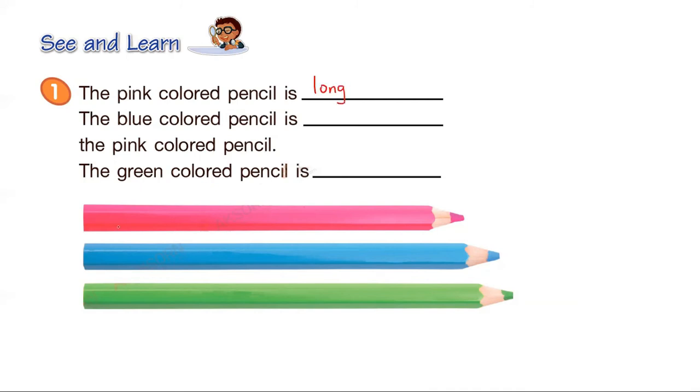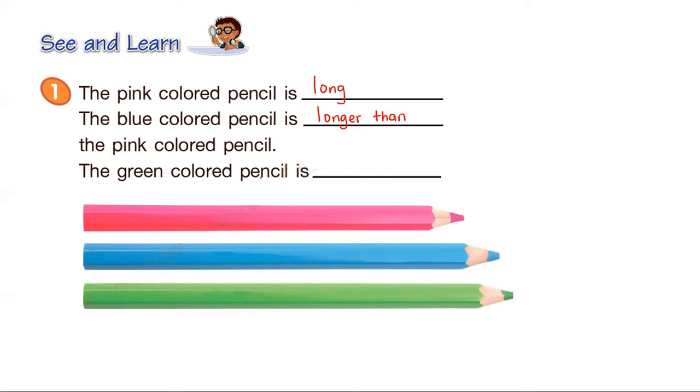Then the blue colored pencil is longer than the pink one. You see? So we say the blue colored pencil is longer than the pink colored pencil.